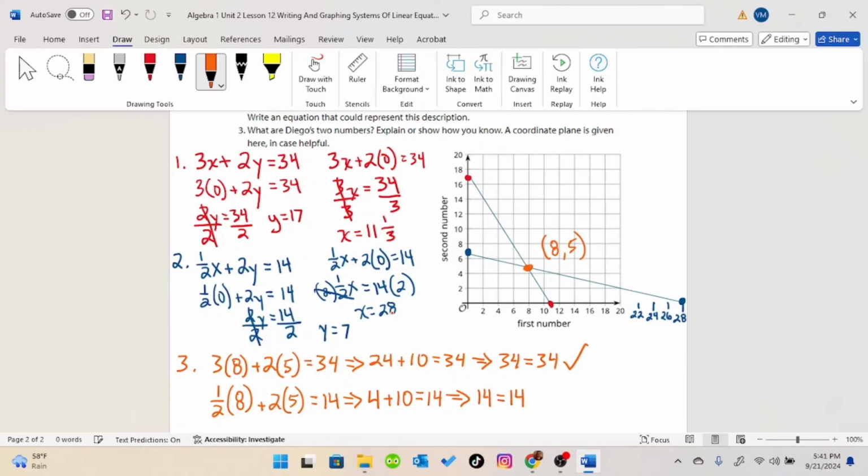And 14 does equal 14. So this is in fact the pair of numbers that Diego was thinking of. He was thinking of 8 and 5.